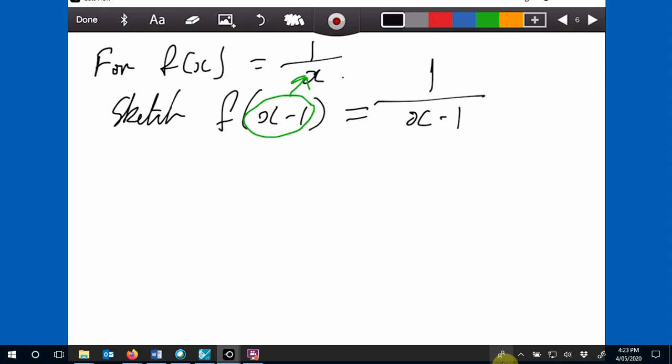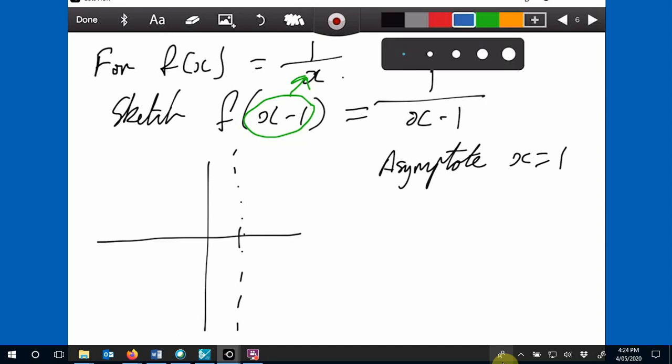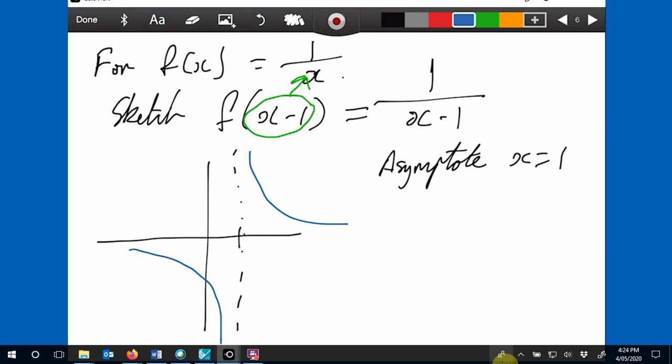What do we know about that? Well, we know that that's a hyperbola. What do we know about our hyperbola? We've got an asymptote at x equals 1, down there like so. And then we've also got a horizontal asymptote. We haven't moved up, so we've got a horizontal one there. And so the graph looks like that.